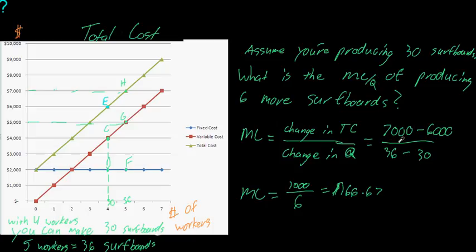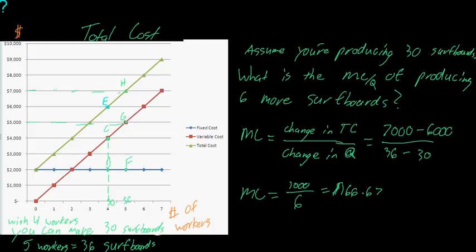And that's why I put that average marginal cost in parentheses in the Excel spreadsheet when we started out. So this is the marginal cost per unit of producing 6 more units. And if you wanted the marginal cost for all 6 units, the marginal cost for the group of 6, then you would just multiply it by 6, which would obviously be 1,000. Okay, so I hope I haven't confused you. If I have, let me know. That was a little bit of a rant there, just to clarify that.